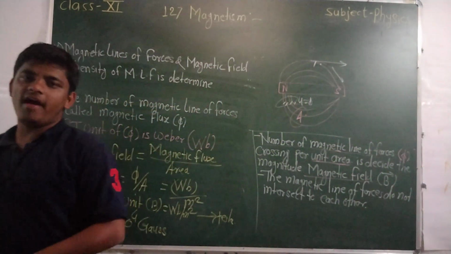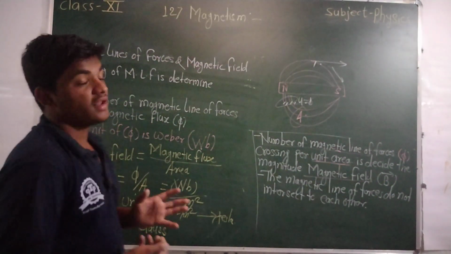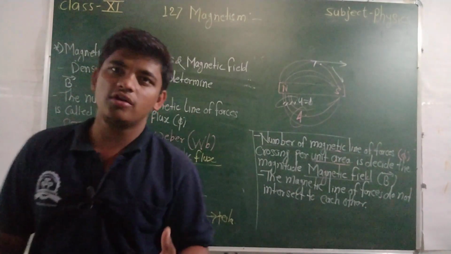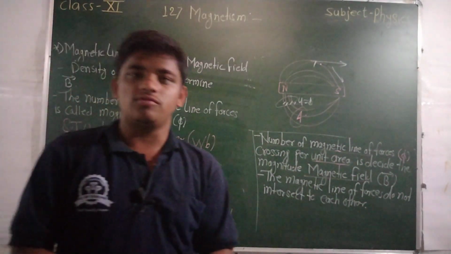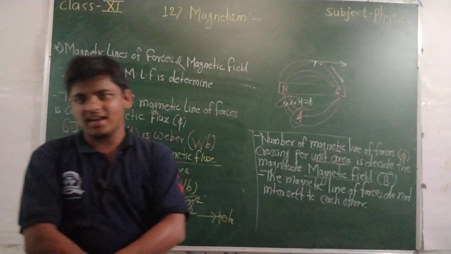Well, let's revise what we studied in this lecture. We studied what magnetic lines of force are. The magnetic lines of force originate from the North Pole and end at the South Pole. We discussed some properties of the magnetic lines of force.